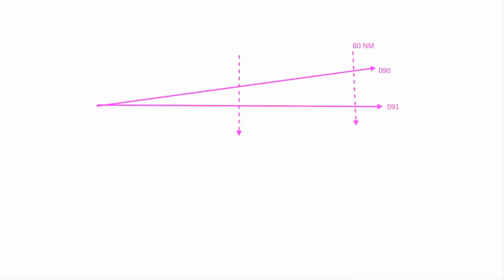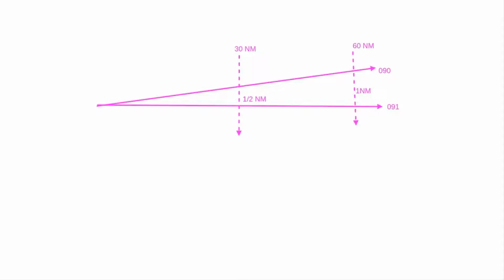The distance between those two radials at 60 nautical miles is 1 nautical mile of separation. At 30 nautical miles, if we halve that distance, the distance between those two radials would then be half of a nautical mile, or 0.5. That gives you an idea of how far they go.